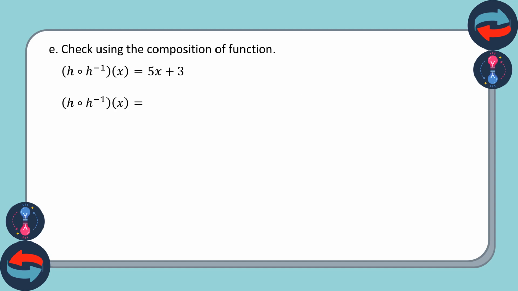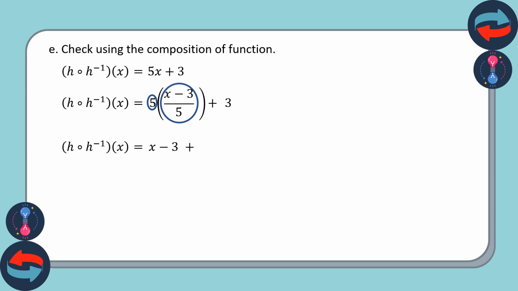Our function is now equal to 5 times the quantity of (x minus 3) all over 5, then copy plus 3. 5 multiplied to the quotient of the difference of x and 3 and 5 is equal to x minus 3.